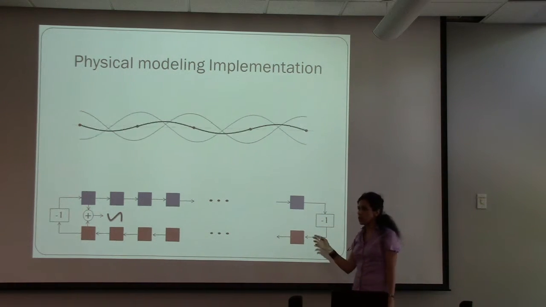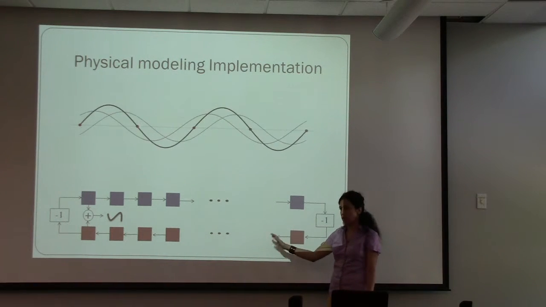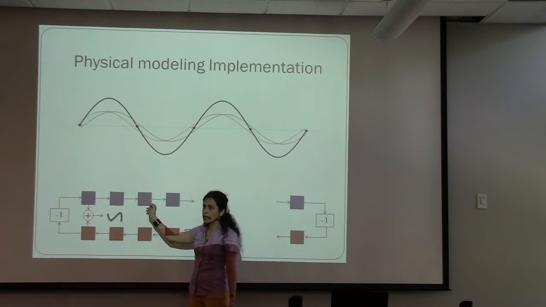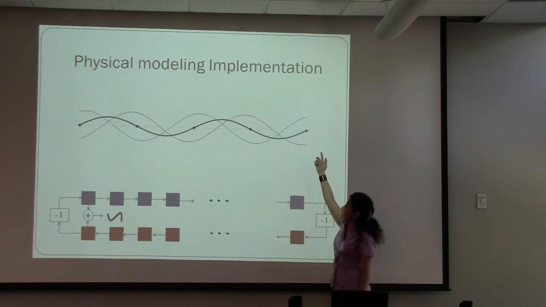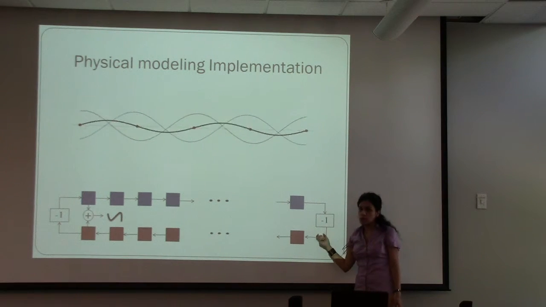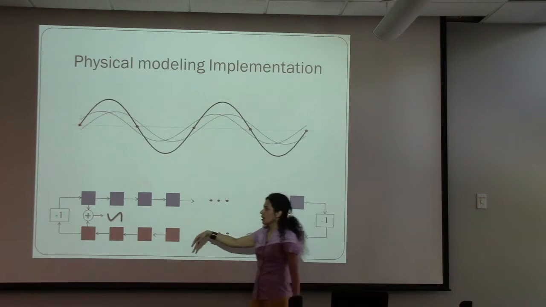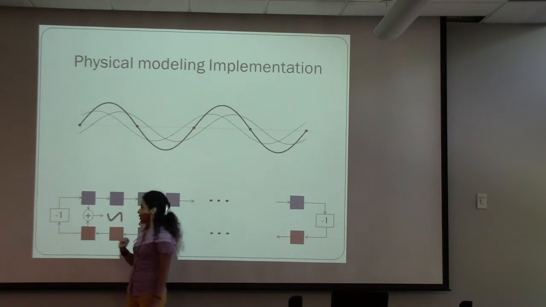It's digital, so we have an array and just shift the values to the right or left. For example, you pluck it, the position is 1 here, then it starts to shift. At the end, which is this notch here, it's multiplied by -1 in the ideal case, and comes back, it shifts again, and on the other side, it's again multiplied by -1.